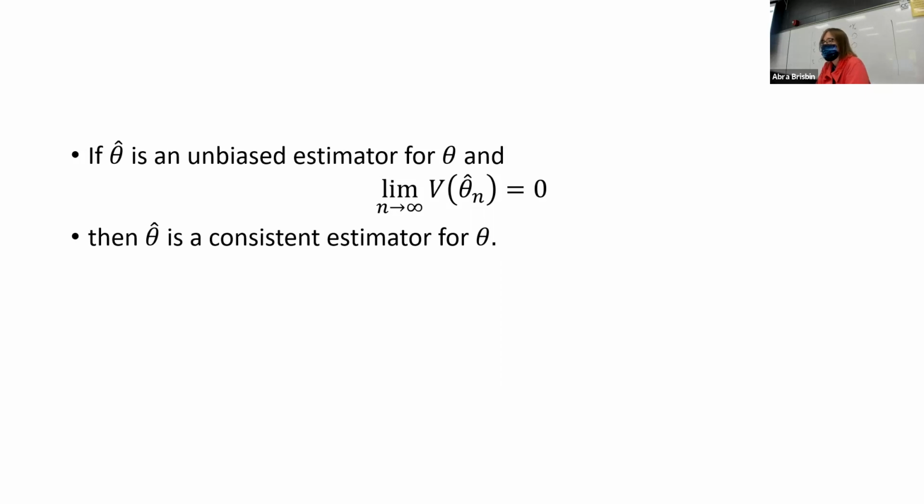In practice, I think this idea is a good way to understand why an unbiased estimator is not consistent if the limit of the variance is not 0, because you have the same amount of variability around the true value that you're trying to estimate, and you can't converge and get close enough for it to be consistent.